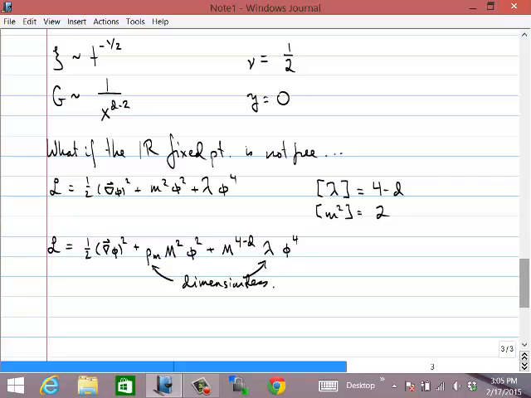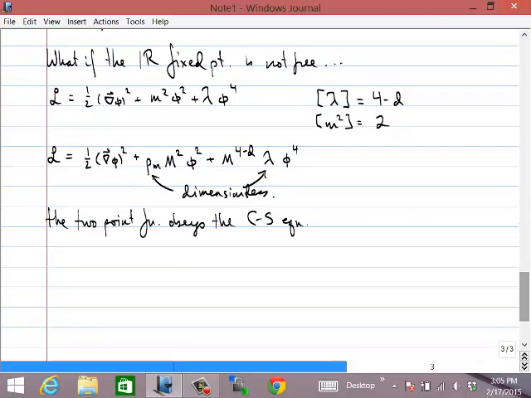The point is that the two-point function, g of x, is no longer the free two-point function, so it's not 1 over x to the d minus 2. Rather it's some non-trivial function, but it's constrained by the fact that it obeys the Callan-Symanzik equation.